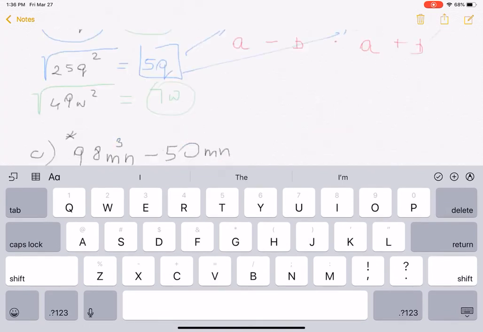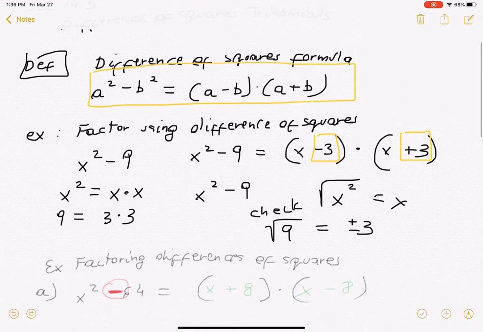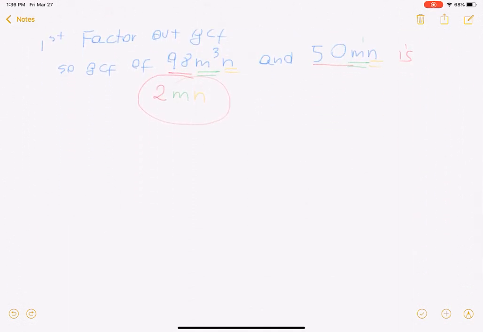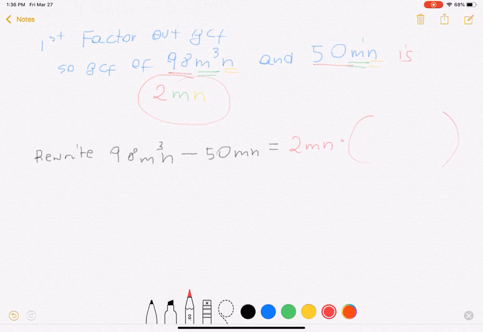Okay, so let's factor out that GCF. Rewrite 98m cubed n minus 50mn as the GCF, which is 2mn, times parenthesis, and again, what goes inside the parentheses?